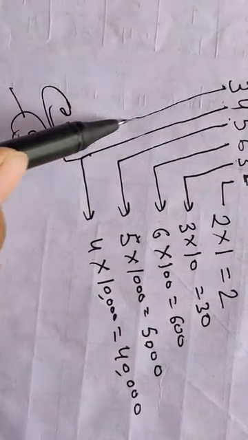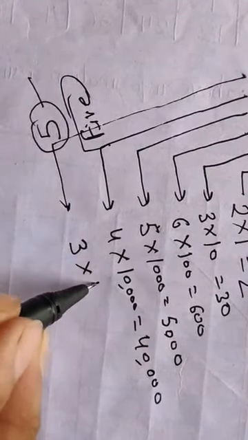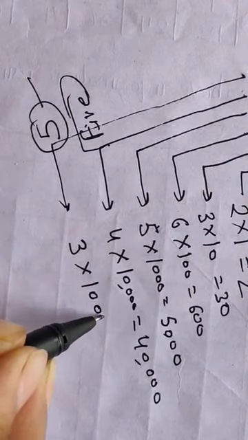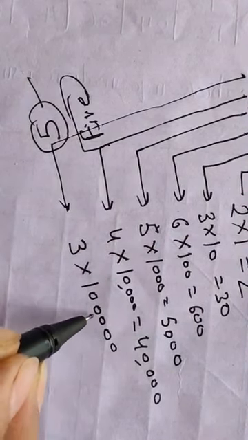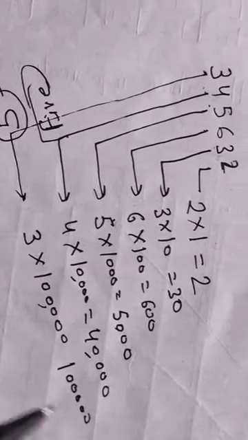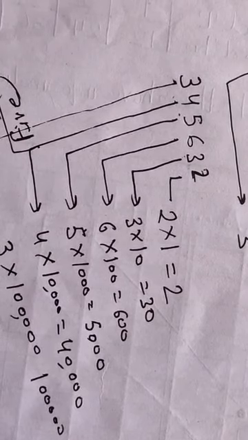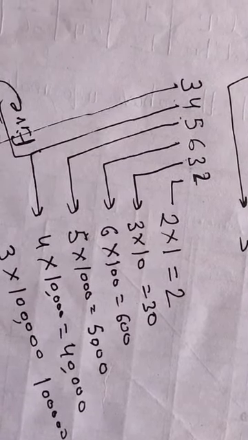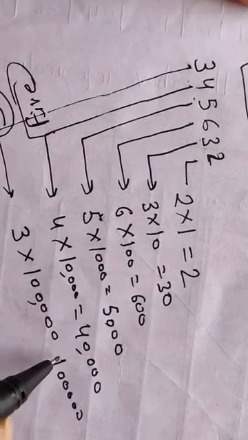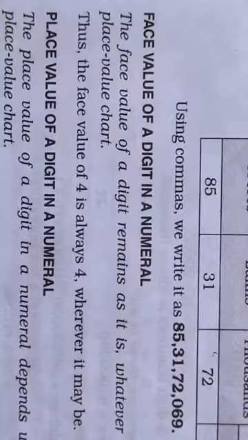For example, this digit 3 comes in the lakh place, so the place value of this 3 will be 3 lakh, not 1 lakh. Clear? I hope you understood the place value and face value very well.